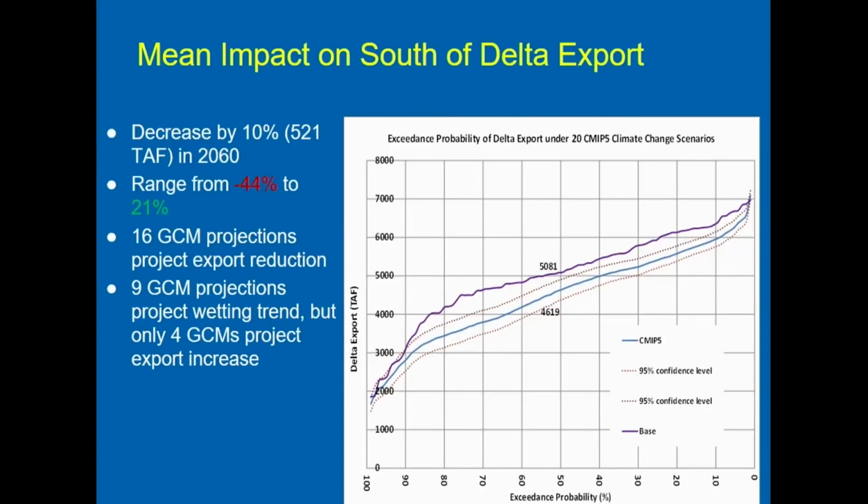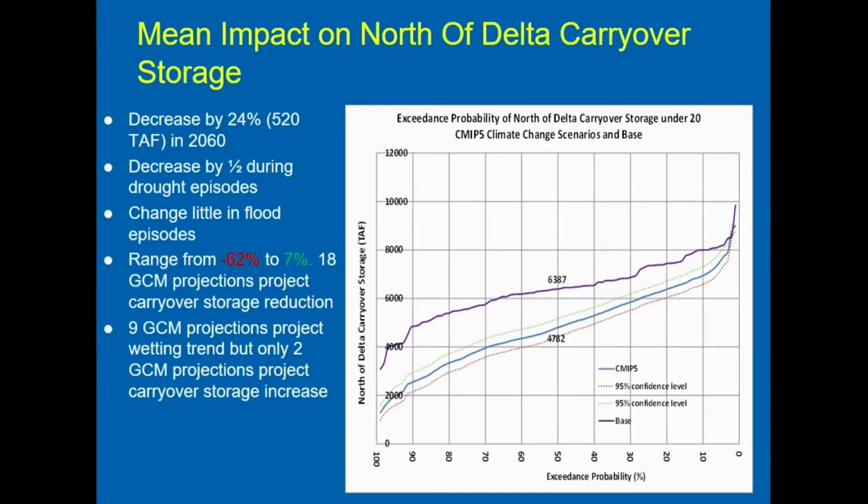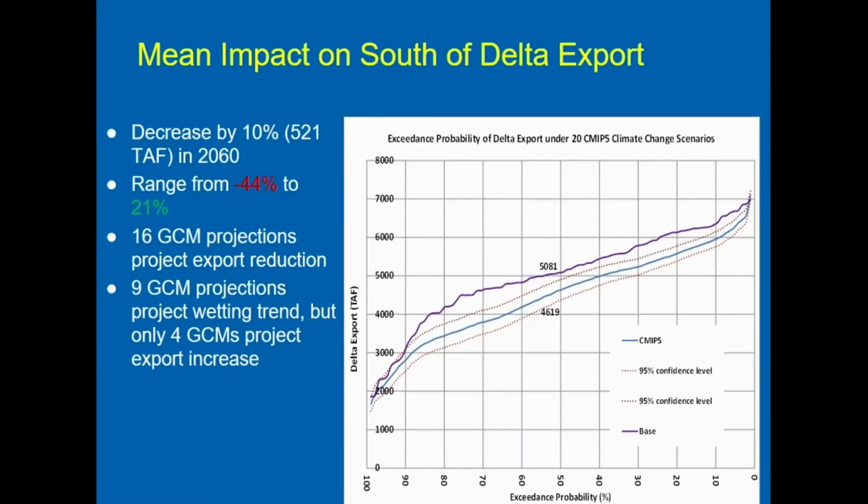So, as an example, the mean of the 20 climate model projections shows Delta export is decreased by 10%, which is 521 TAF, ranging from a negative 44% reduction to a 21% increase, because we have 20 climate model projections, and 16 GCM projections project export reduction. 9 GCM projections project a precipitation increase, but only 4 GCM project export increase.